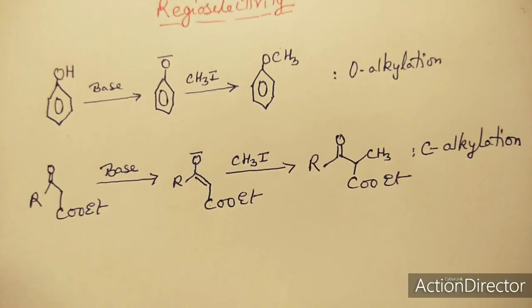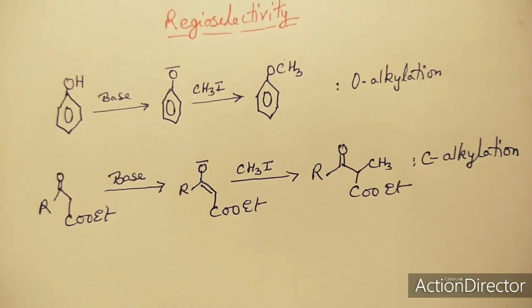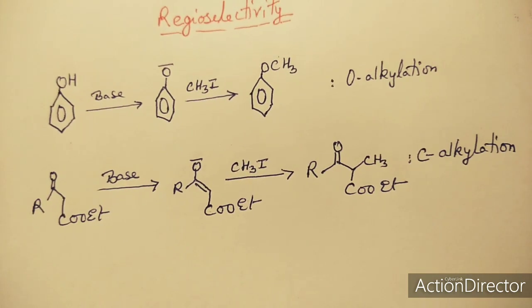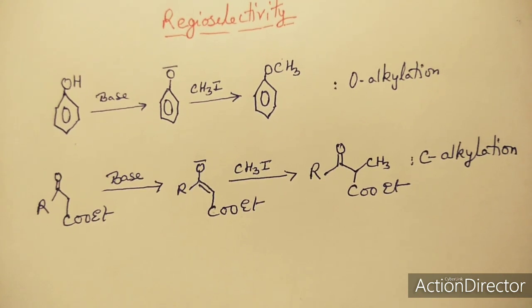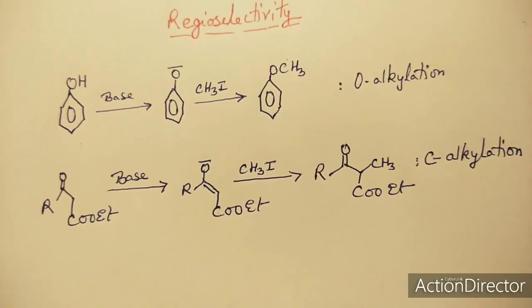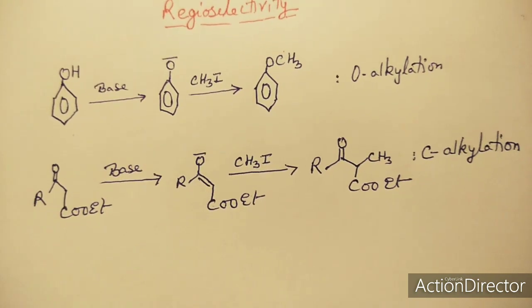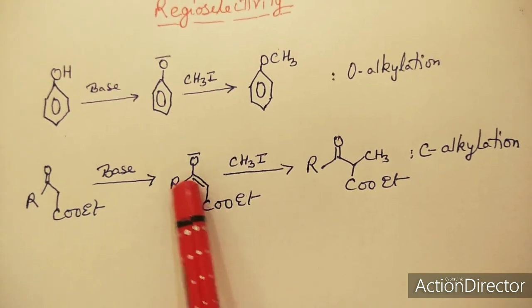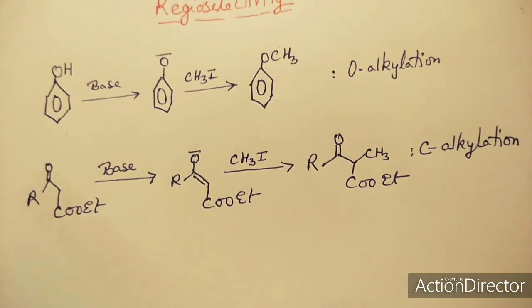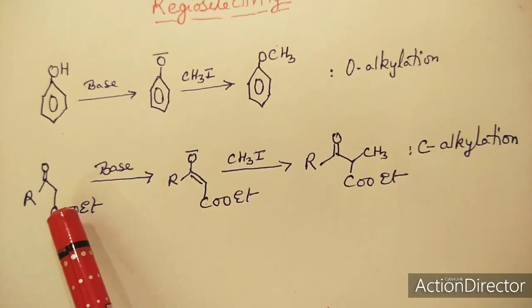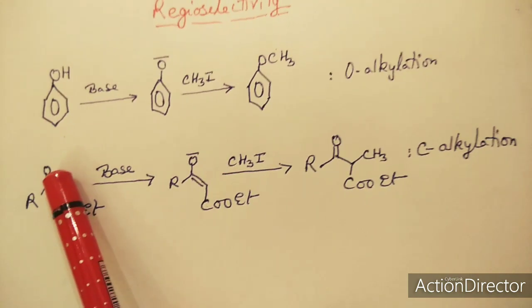So taking these into consideration as to how to make one specific part of a single functional group react, this is known as regioselectivity. In the structure itself, one is determining which part of a single functional group should react.